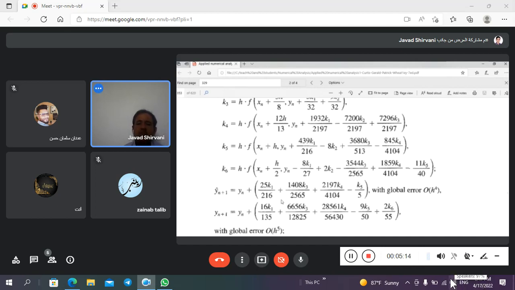These two methods use the same k1, k3, k4 and k5, but the Runge-Kutta-Fehlberg approach uses k6 in addition to the other k's used in y hat n plus 1.